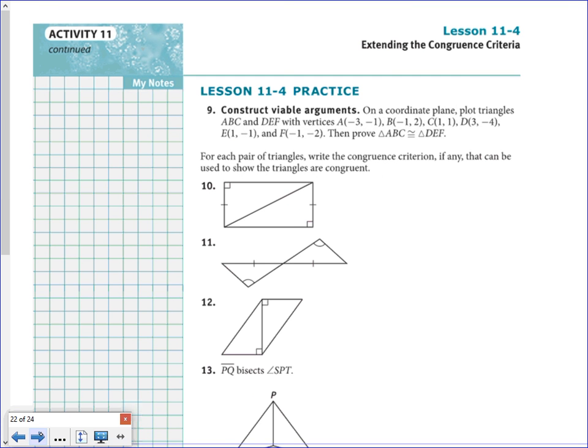On a coordinate plane, you want to plot the triangles and then prove that they're congruent. So if I plot the triangles, you have graph paper over here in your book. So you can actually use your graph paper. You're going to be using the distance formula to be able to prove that these are congruent.